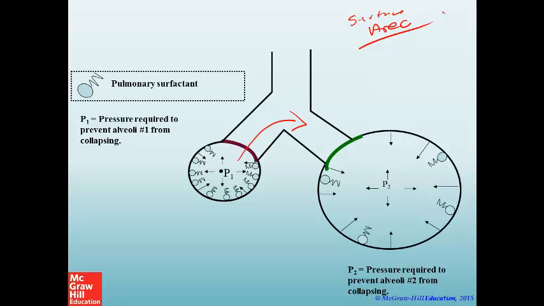Alveolar collapse is going to reduce that surface area, which is going to reduce the amount of area available for gas exchange. So it's going to affect CO2 diffusion out of the blood and O2 diffusion into the blood.